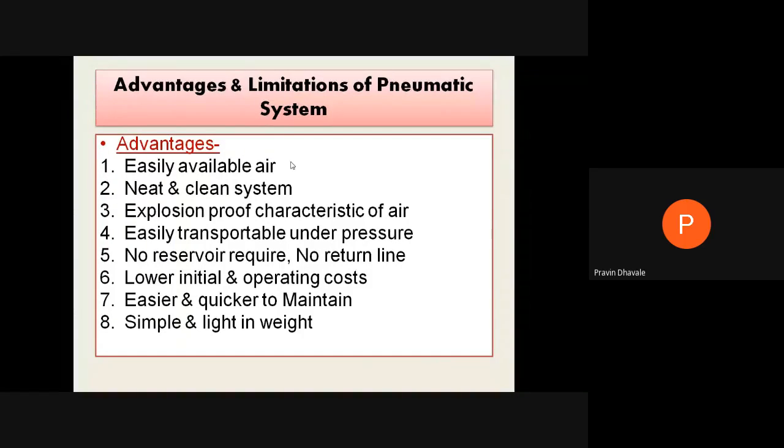Third advantage is the explosion-proof characteristic of air. This characteristic makes the pneumatic system more applicable in hazardous areas. म्हणजे जिथं जिथं धोका आहे अशा ठिकाणी जर हायड्रॉलिक सिस्टीम हॅझार्डस धोका आहे अशा ठिकाणी आपण न्यूमॅटिक सिस्टीम यूज करू शकतो.